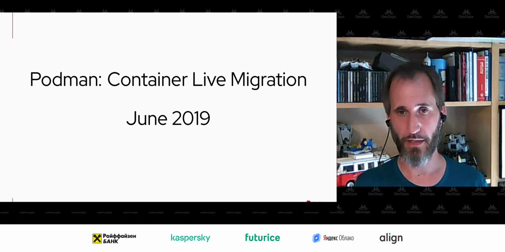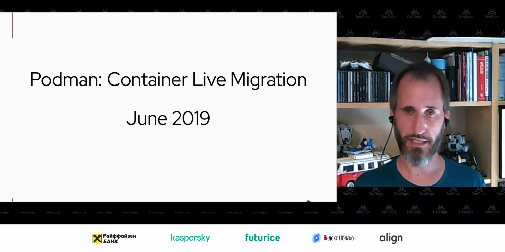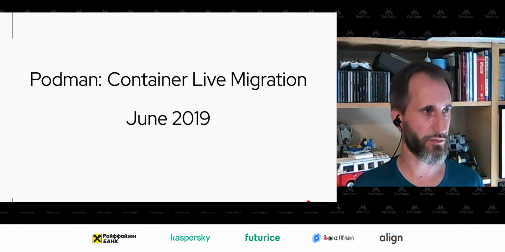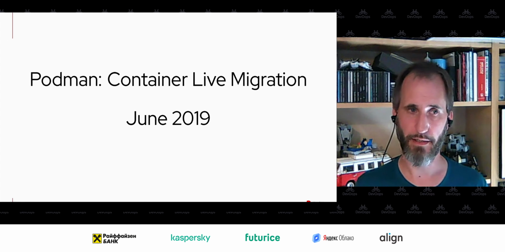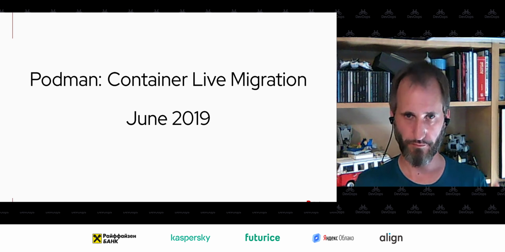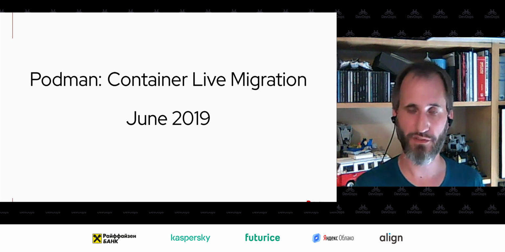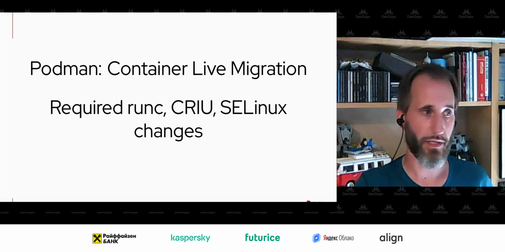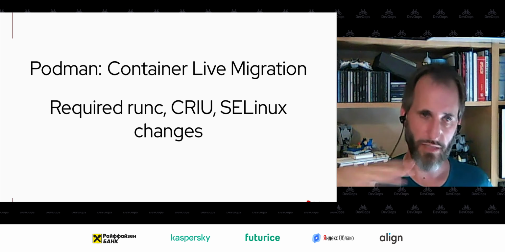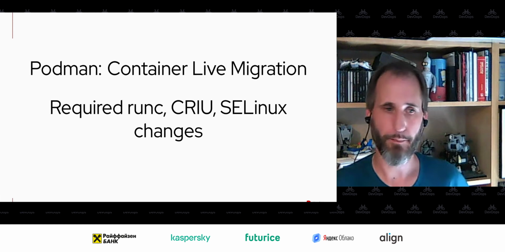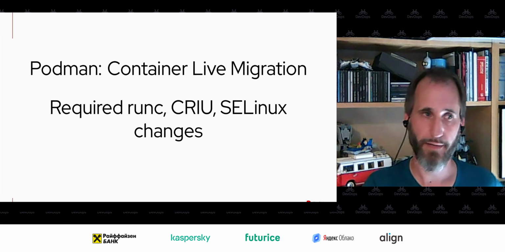But then in June 2019, the live migration support was merged into Podman, and so since 2019, you can do the things you see in my demos. And this again required changes to all the levels, to runc, CRIU, SELinux, Podman, to make this correctly work.